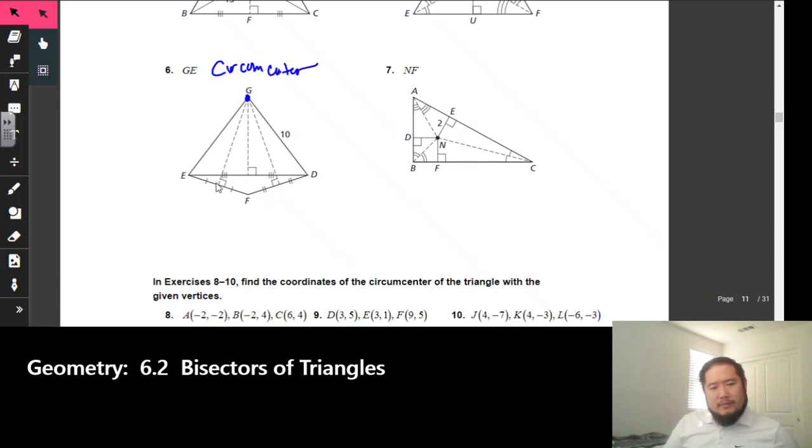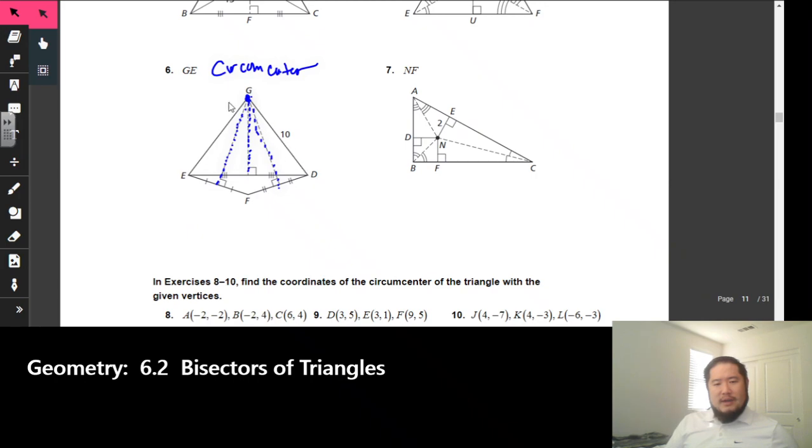Take a look. I've got right here perpendicular bisector. We've got perpendicular bisector right down the middle. Perpendicular bisector. So what that now tells me is that we have certain segments that are congruent.